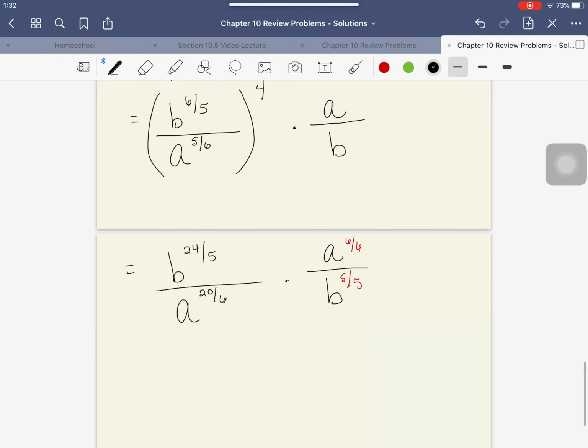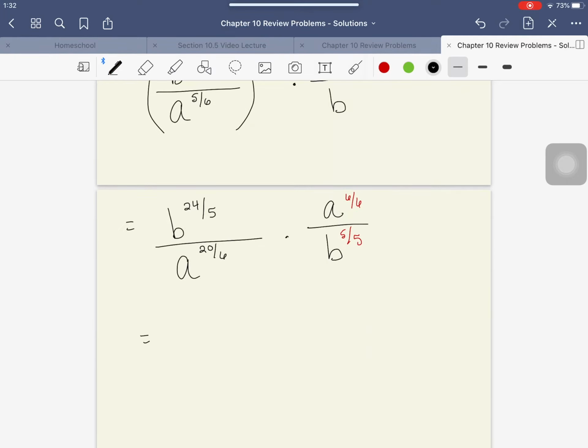So I will have b to the 24/5 minus 5/5 over a to the 26 minus 6. And remember, the largest exponent determines where it will go. So that's why the b is in the numerator and the a is in the denominator. Now all we have to do is simplify that.